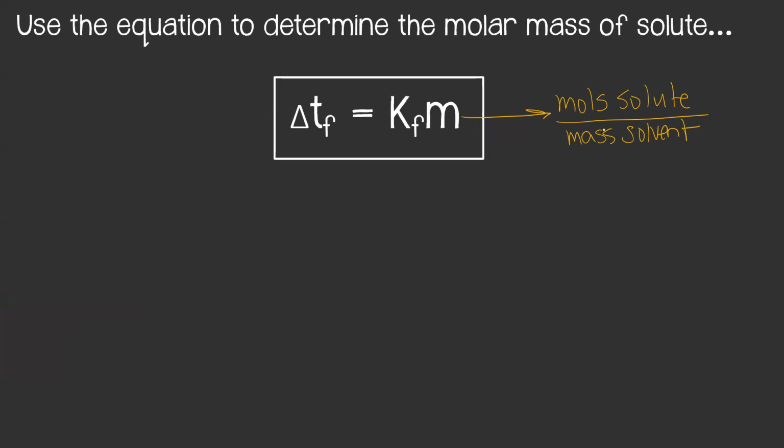Okay, so I'm going to rewrite this. I'm going to start up here so I have enough room. Delta TF is equal to KF times moles of solute over kilogram mass of solvent. All right, so that's a start.